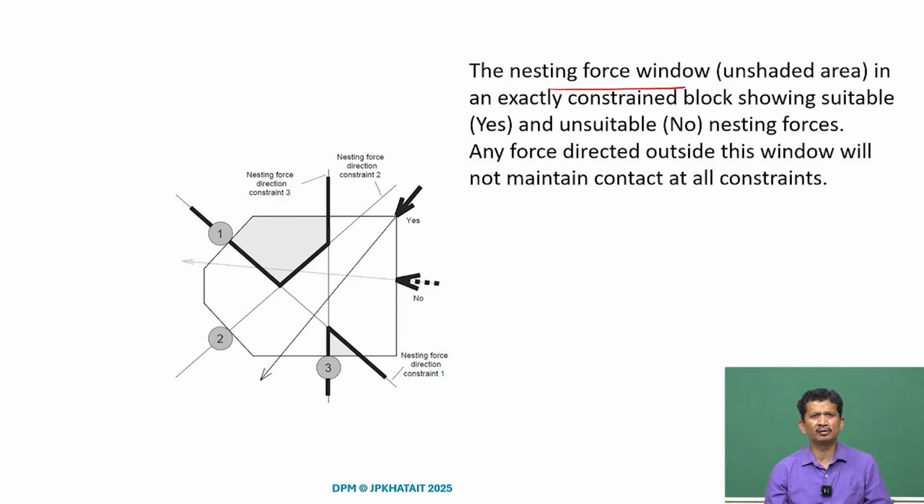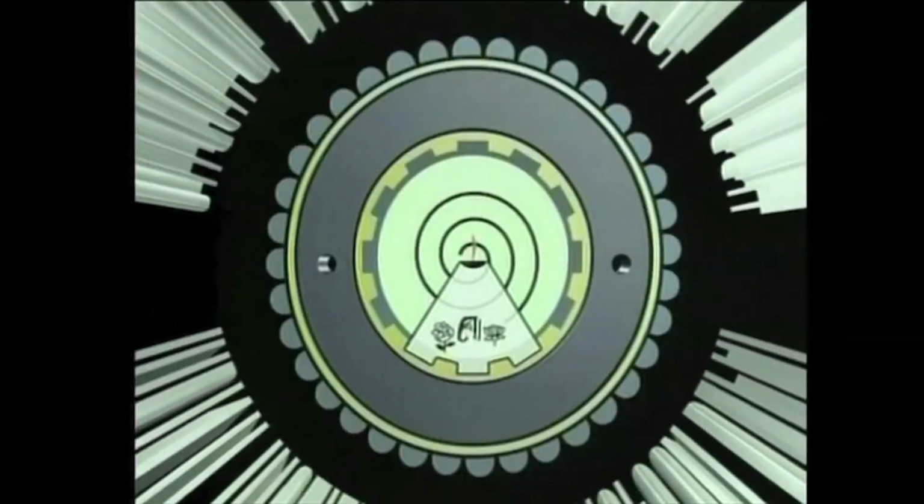So, if you are able to find the nesting force window, we have many choices. It may happen in some cases we do not have that, and then we realize that it is unstable and we may not be able to provide enough constraint. So, we will talk about these things in the coming lectures.